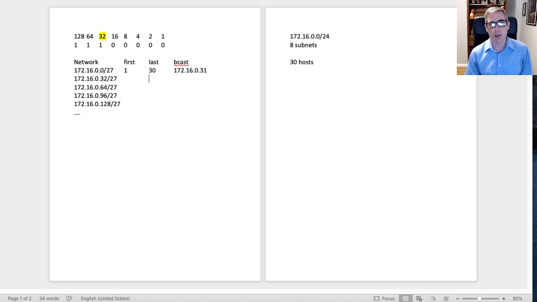Now we go to the next one, and we have 172.16.0.63, because that's 1 less than the 64 we have right here. So now we can put 33 as our first, and 62 as our last. Again, the math is very easy. In most cases, it's adding 1, subtracting 1.